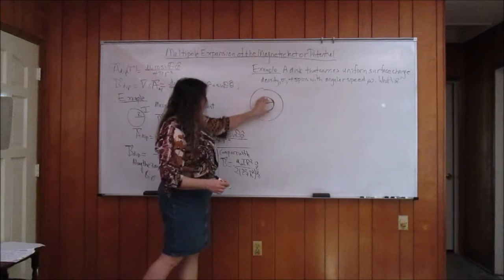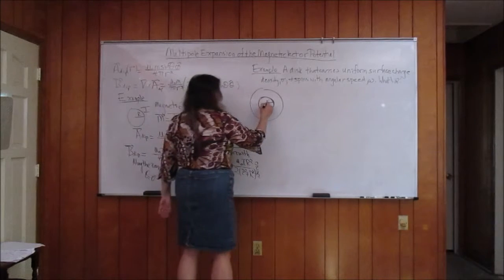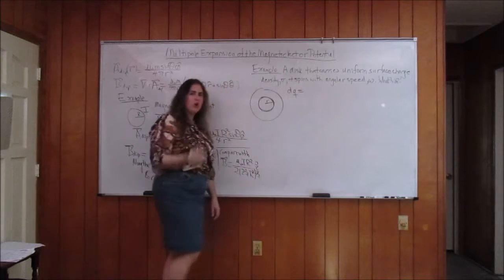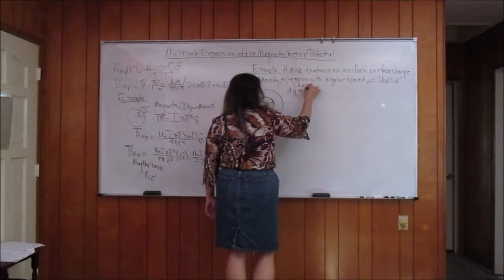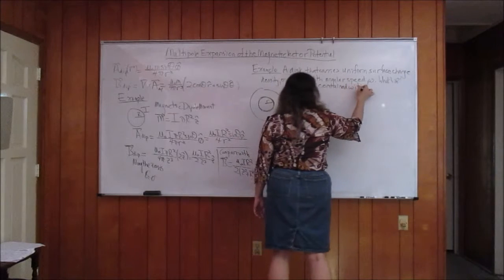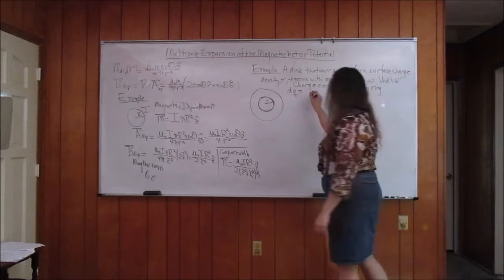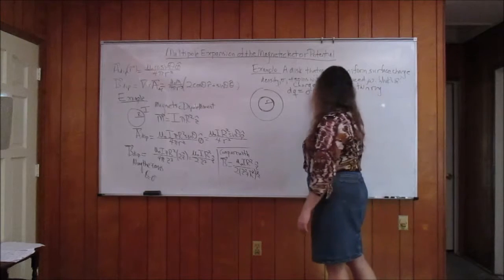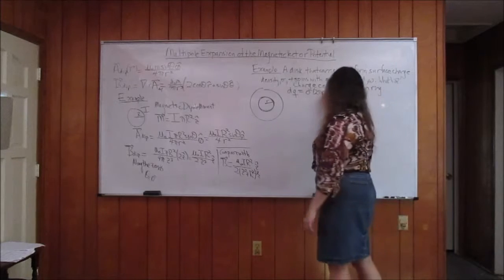I've got to just look at a ring inside of that disk. Okay? So this is R here. Figure out how much charge is contained within that ring. Charge contained within that ring is just equal to surface charge density times the area of the ring. Well, the area of the ring is just 2 pi r, that's the circumference, times the thickness, which is dr.